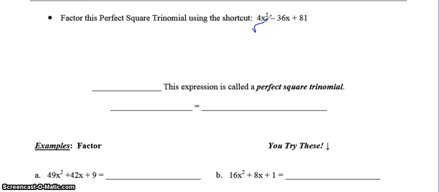Square root of 4 is equal to 2. Square root of 81 is equal to 9. So in the first bracket will be 2x. In the second part of the bracket will be 9. And whatever that sign is goes in the middle.